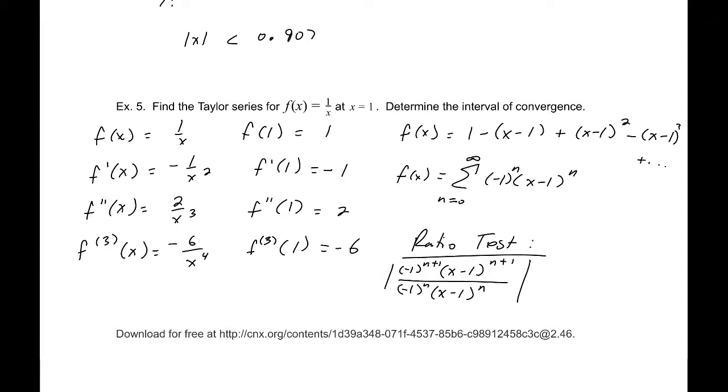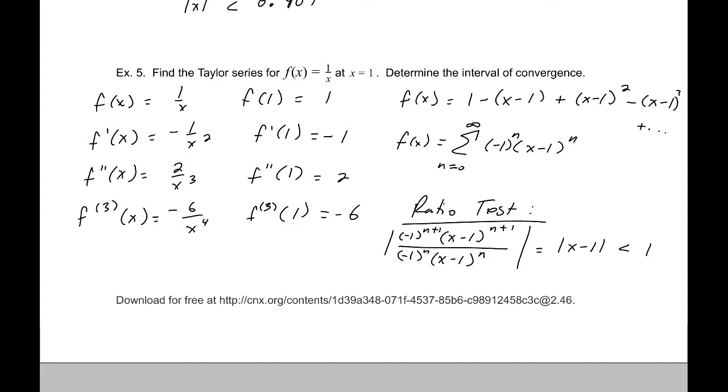So this is going to be equal to the absolute value of x minus 1. Now, by the ratio test, for this to converge, we need this to be less than 1. Because there's no values of n left, we don't need to take the limit there. So our limit is actually that absolute value of x minus 1.